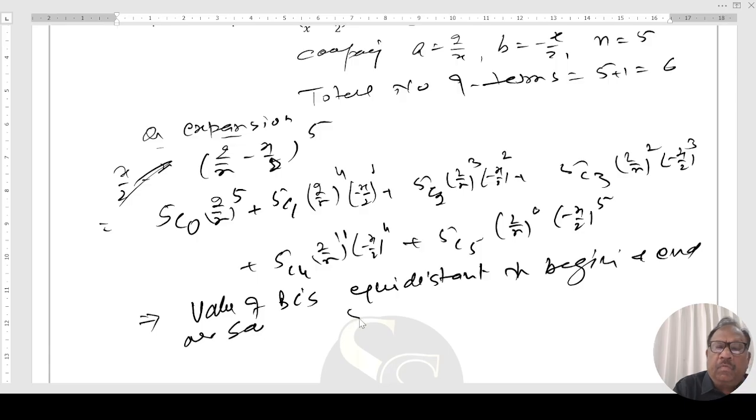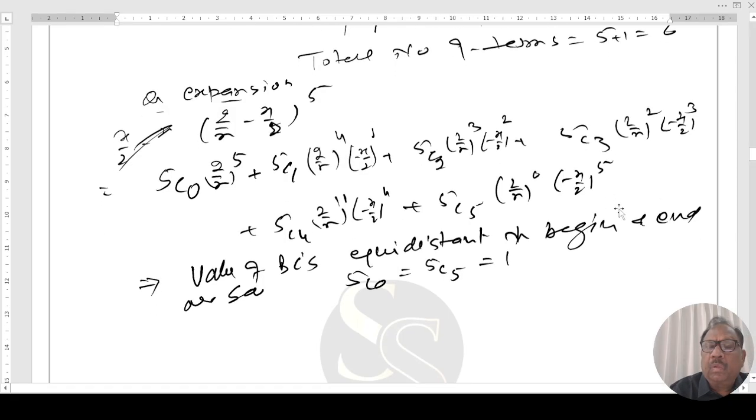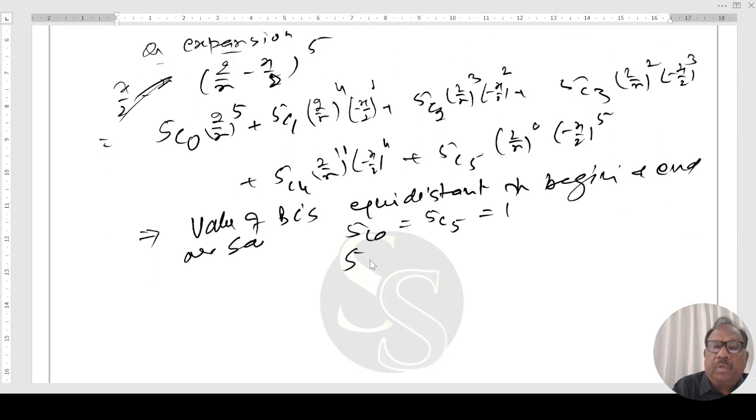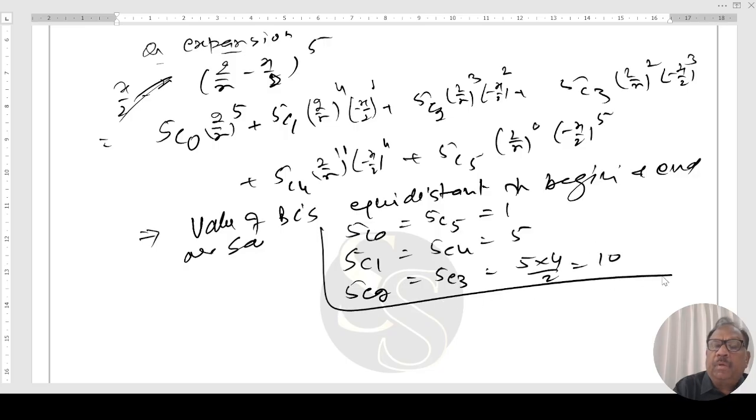That is 5C0 equal to 5C5, value is 1. 5C1 equal to 5C4 will be equal to 5. 5C2 equal to 5C3 equal to 5 into 4 divided by 2, that is 10. There are 6 binomial coefficients.